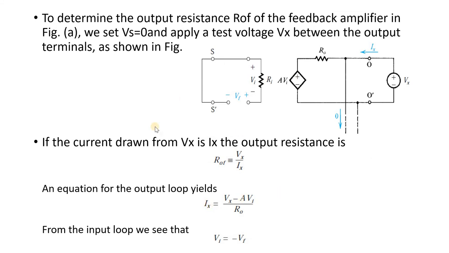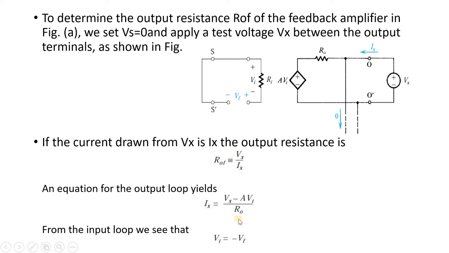For ROF, we have to make the input signal 0, that is, set Vs as 0, and apply some external voltage Vx. When we apply Vx, there will be some amount of current Ix flowing because of that.